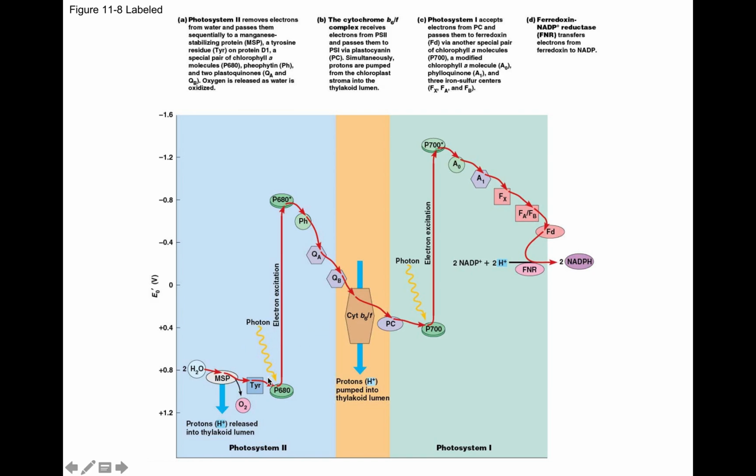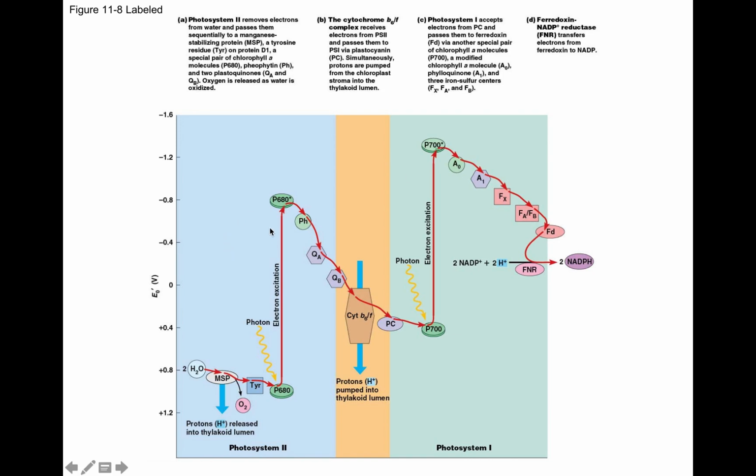The photon is going to come in and have its energy absorbed by an antenna chlorophyll, which is going to use resonance transfer to pass that energy to another chlorophyll, and then eventually to the P680 reaction center, which will cause its electron to physically leave the chlorophyll molecule and get passed on to an electron carrier.